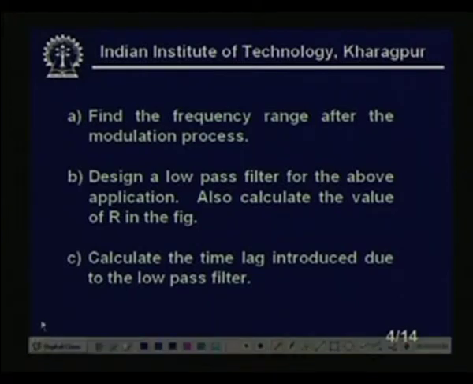Now, take a blank page. The diode bridge shown in the figure, as you know, acts as a phase sensitive demodulator.